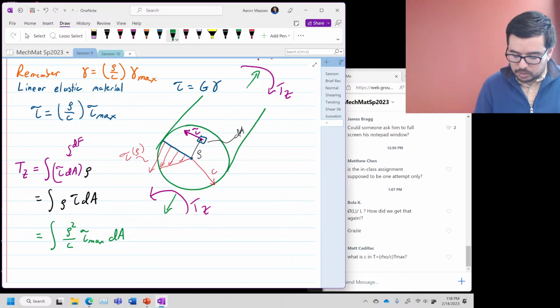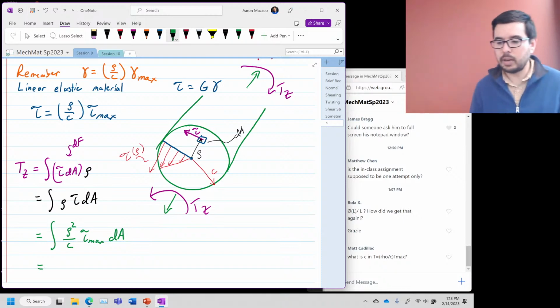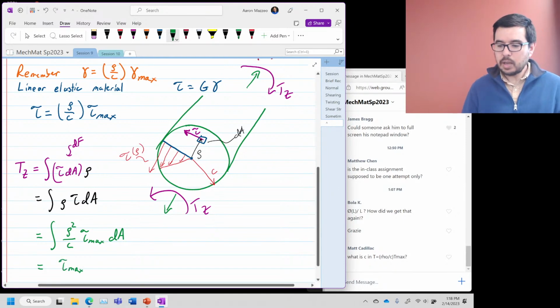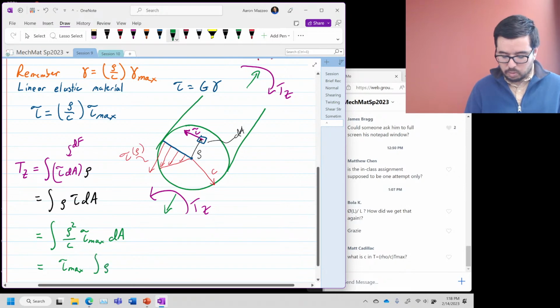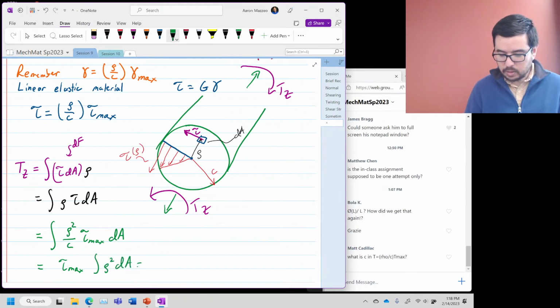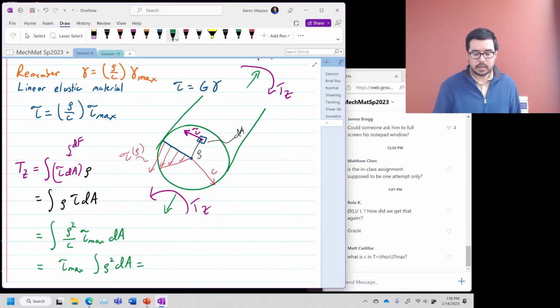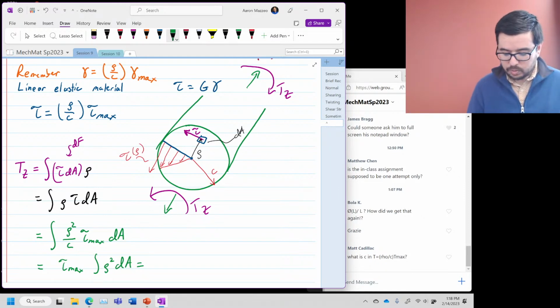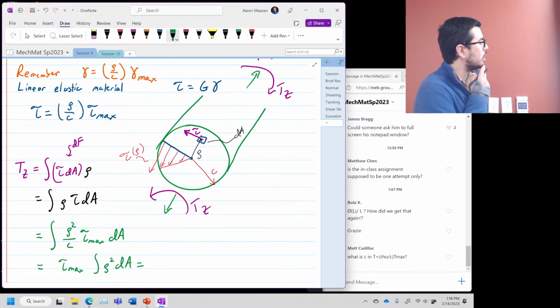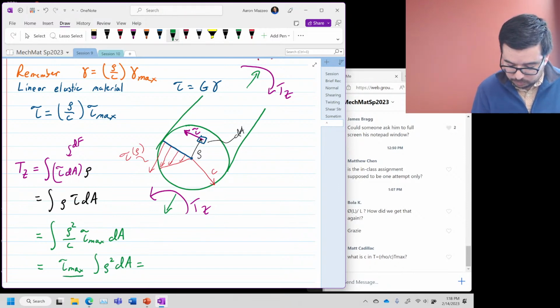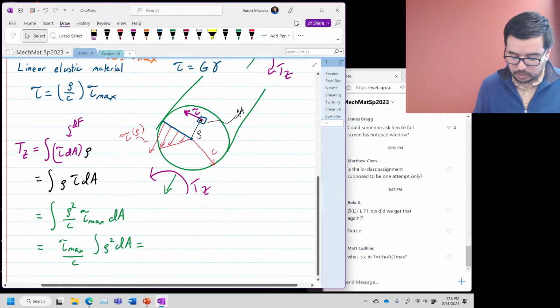And this means that if tau max is a constant, we can write out that tau max over c times the integral of rho squared dA is equal to this torque. But what is the integral of rho squared dA? Oh, I forgot the c. We can't forget the c.